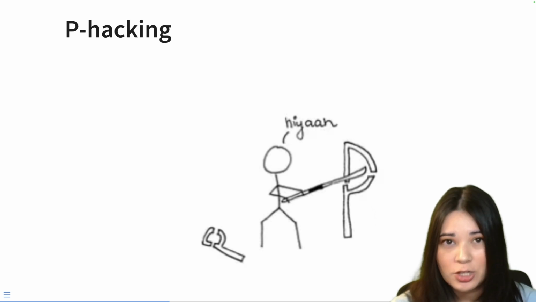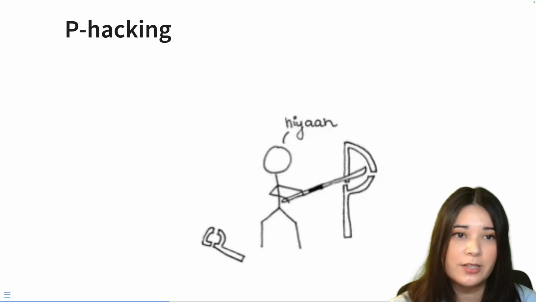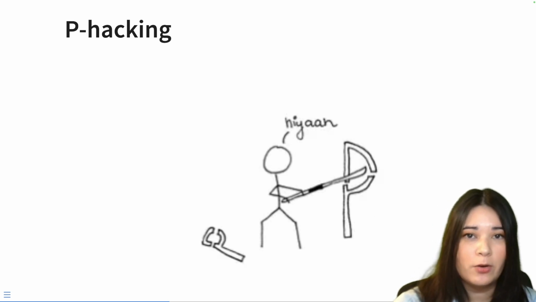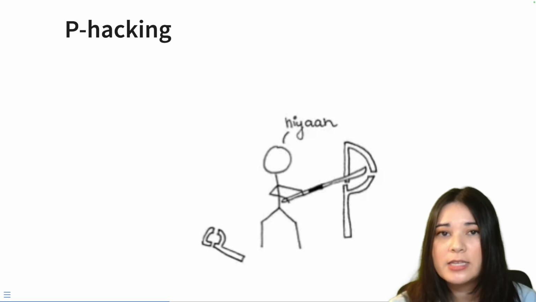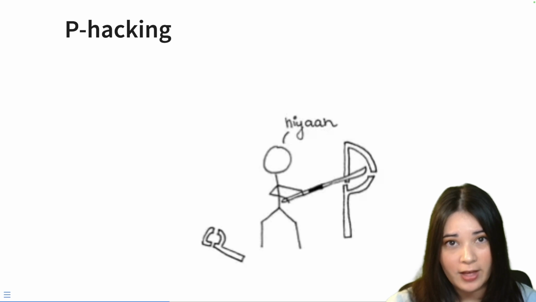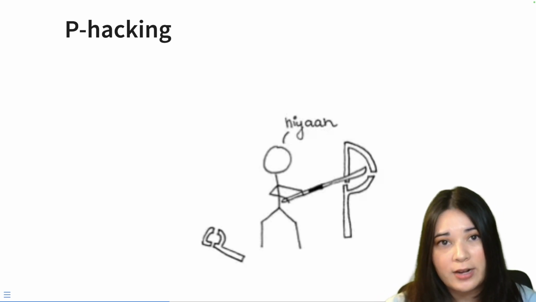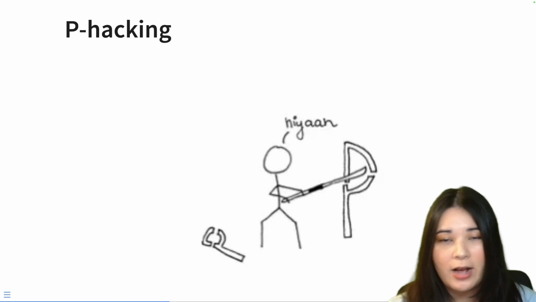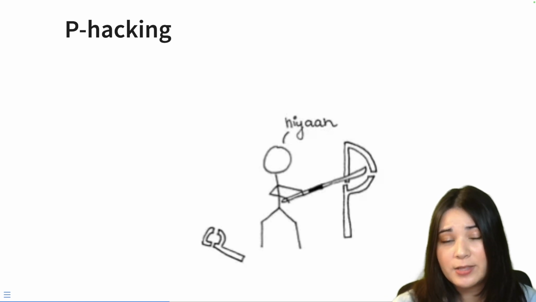And p-hacking is actually a pretty big problem in research. P-hacking basically refers to making decisions about your data, your statistical analysis, specifically to get a p-value that allows you to reject the null. Typically, people use the 5% error rate or an alpha of 0.05 as their threshold.